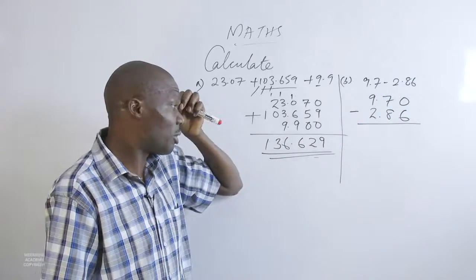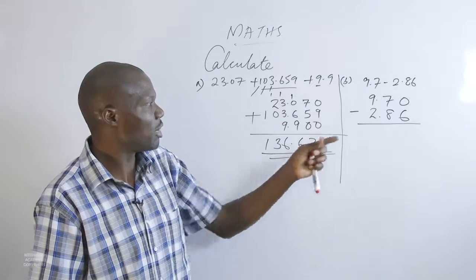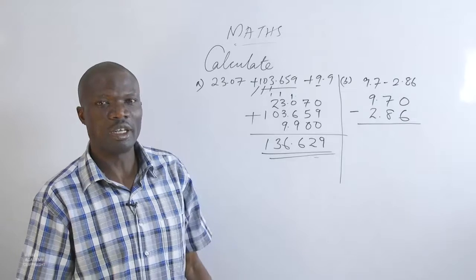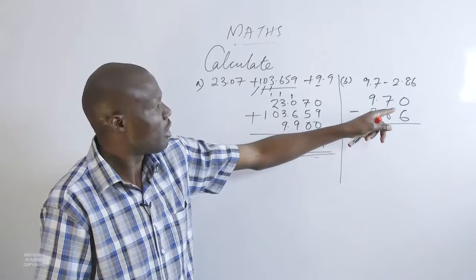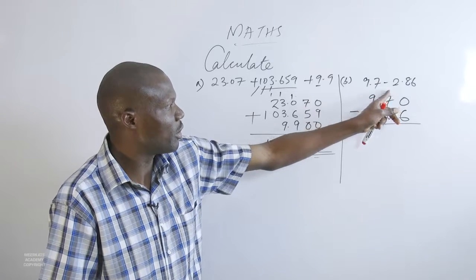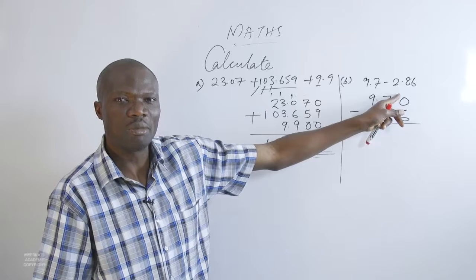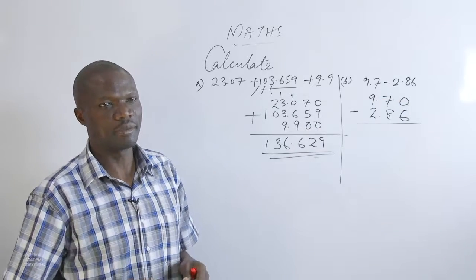And what we borrow carries a weight of a whole 10, because we are borrowing here, it's 1. But when 1 is brought here, it is the same as 1 multiplied by 10. So this one will be 10.